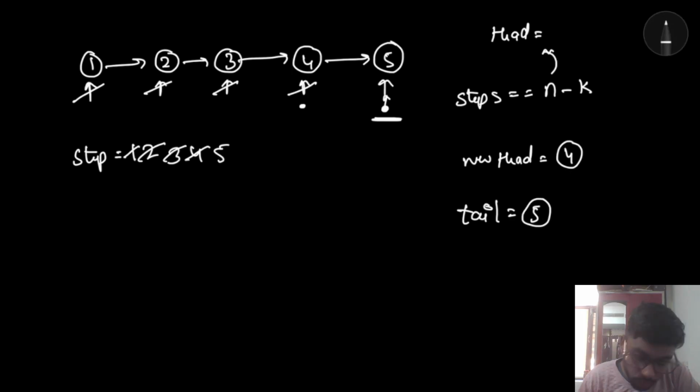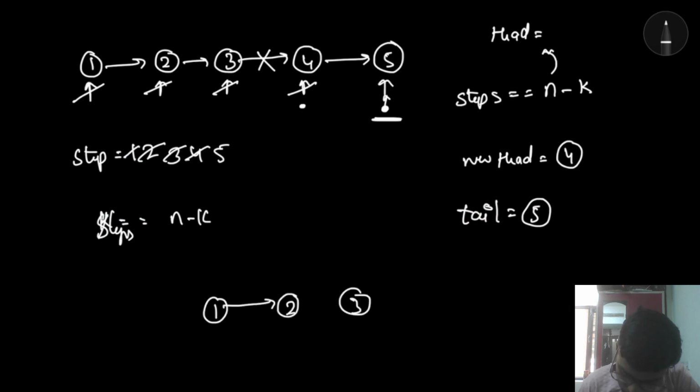Tail will be 5. Now one thing I forgot is that when I reach steps equal to n minus k, then what I will do is, at first I will get the head, and then I will make this next to null, and I will disconnect this part. So apparently what I have is 1, 2, 3, this thing.